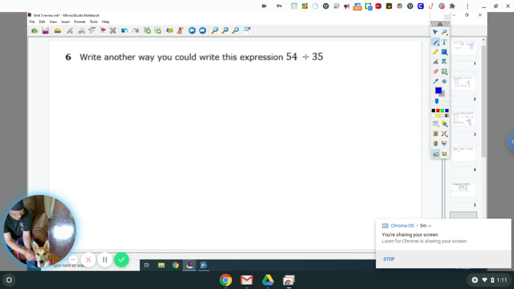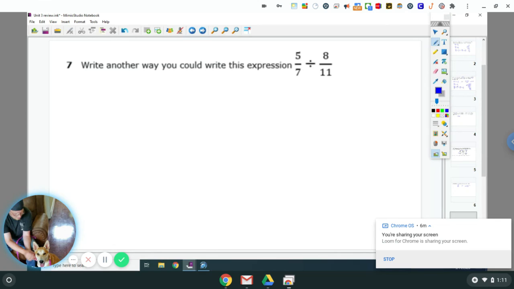All right, number 6, write another way you can write the expression 54 divided by 35. You can write 54 divided by 35 as a fraction, or you can write it as 35 divided into 54.